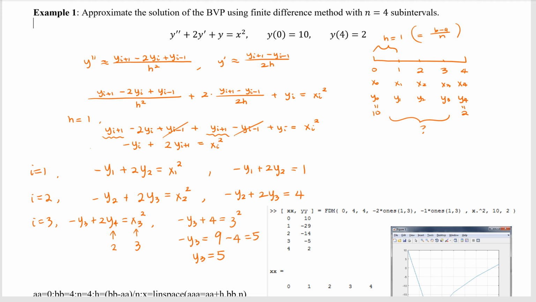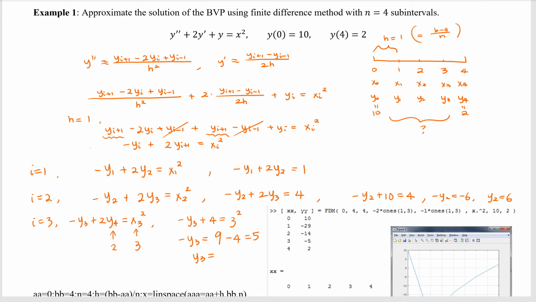Then we can go back and find y2, right? We can go back here and plug in. So minus y2 plus 2 times 5 is 10. So minus y2 is 4 minus 10 is minus 6. So y2 equals 6. Let's see. Oh, we realize.